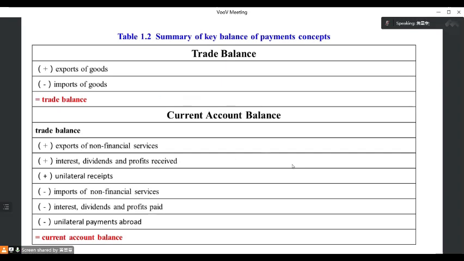Let's see. In order to understand what we have learned above, we should see table 1.2, summary of key balance of payments concepts.